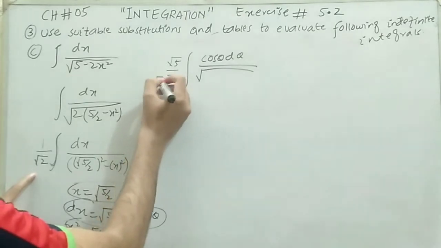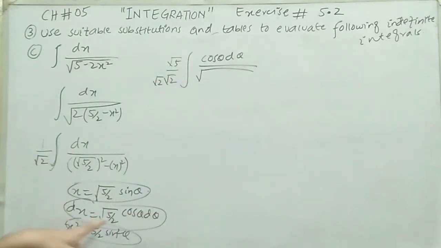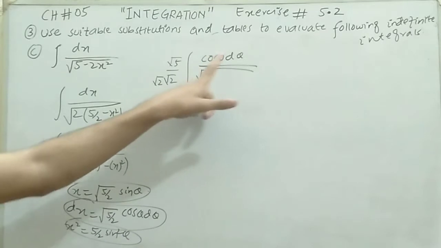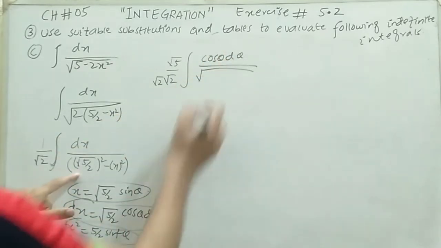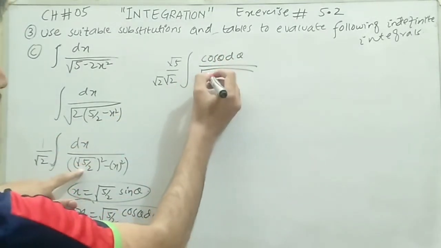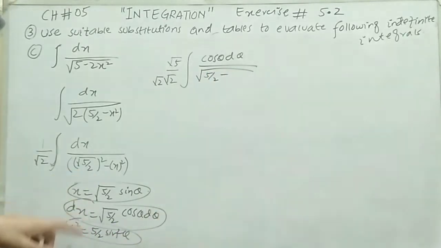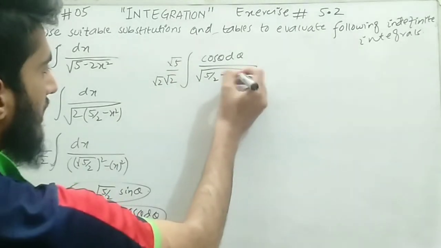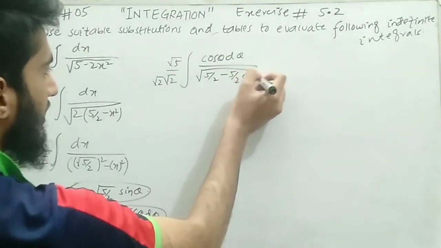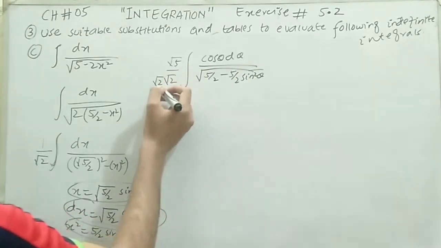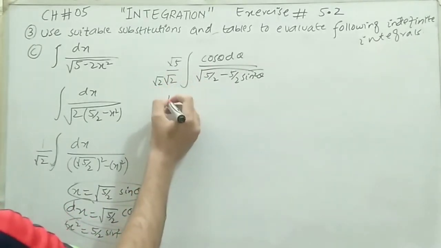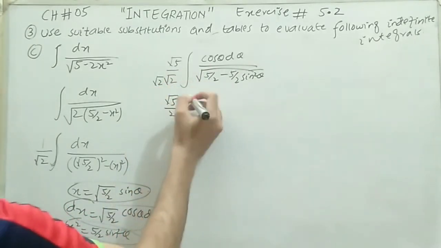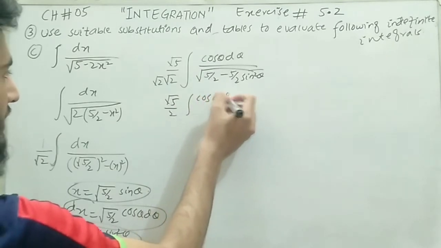So 1 over root 2, and dx is root pi by root 2 cos theta d theta, divided by pi divided by 2 minus x square, which is pi divided by 2 sine square theta. Now this root 2 and root 2 give us just 2. So it becomes root pi divided by 2 integral of cos theta d theta.